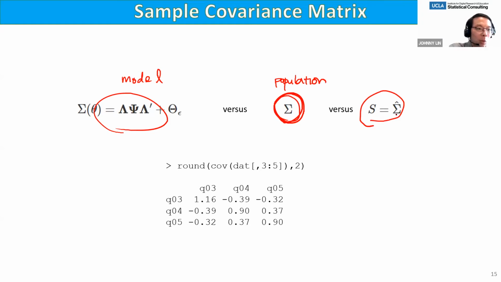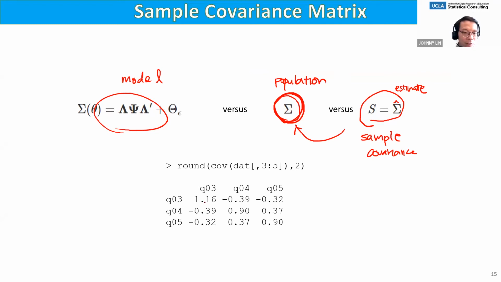Well, this is actually what I was showing you before. This is called the sample covariance matrix, and the sample covariance matrix is an estimate of the population. That's why you have a hat there. This is called an estimate of the population covariance matrix. Basically, I'm using my data to recreate the population covariance matrix using the sample data.